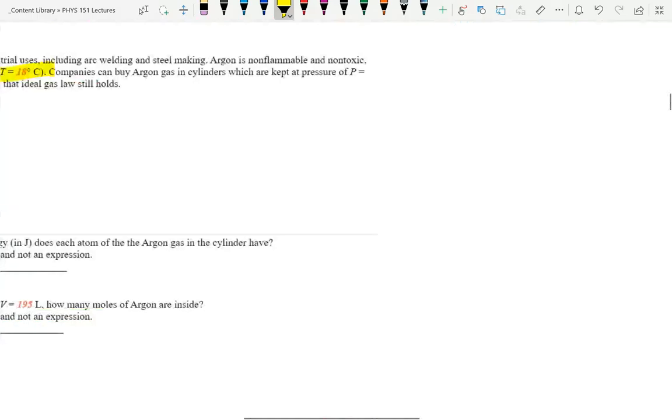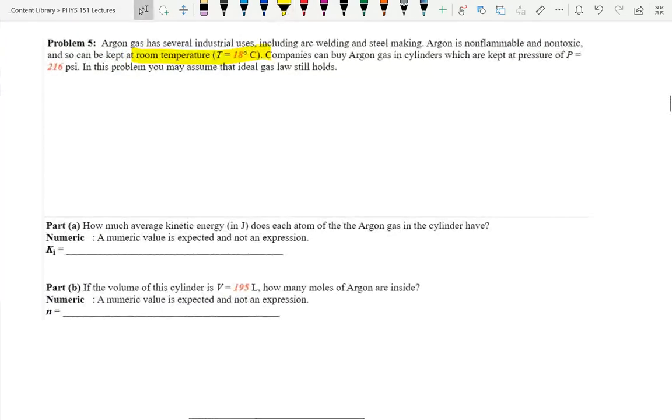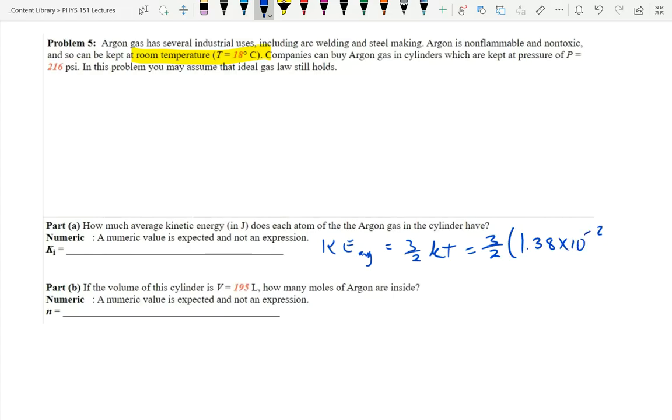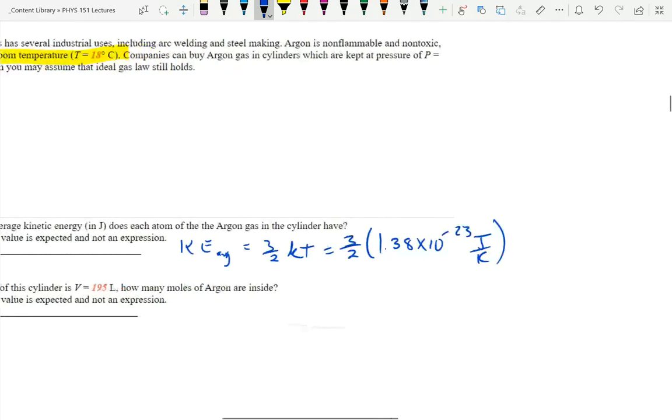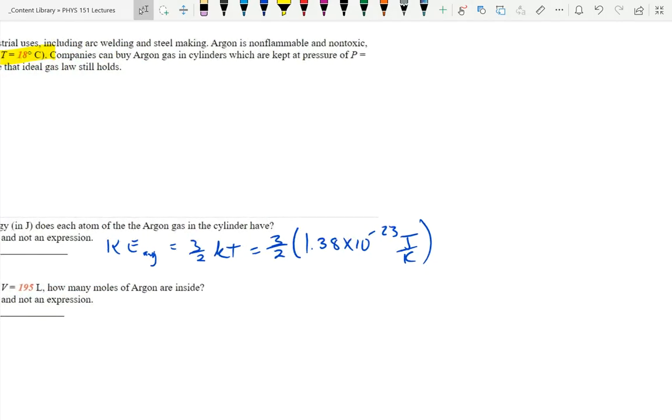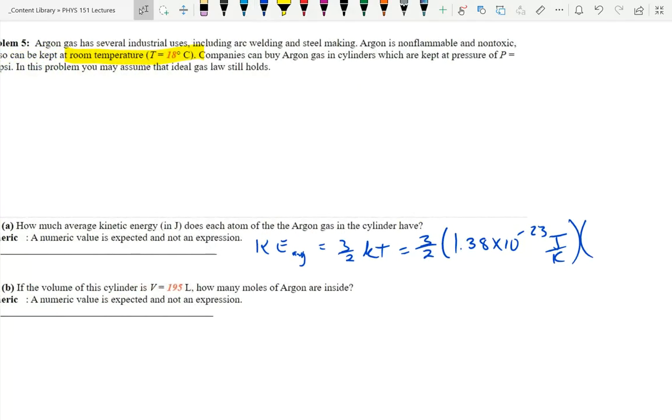So doing that calculation, the average is 3/2 kT equals 3/2 times 1.38 times 10 to the minus 23 joules per Kelvin is k, and then the temperature. So what is the temperature?